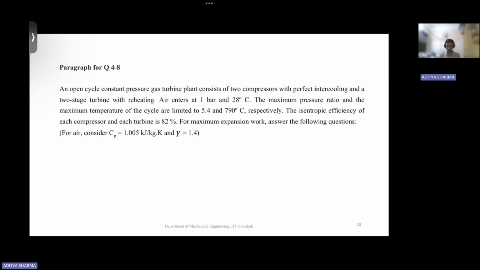What is given to us? First, we will write that down.